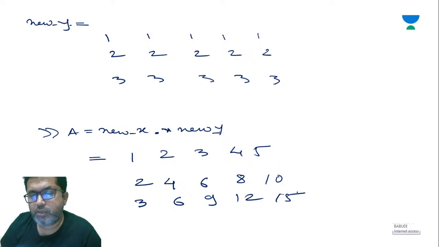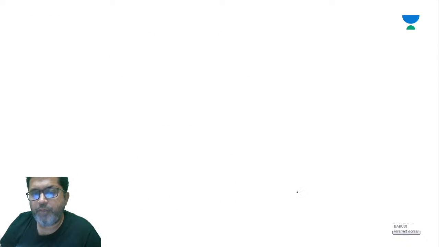So this is element by element multiplication for the new meshgrid. Okay, so we'll see one example.